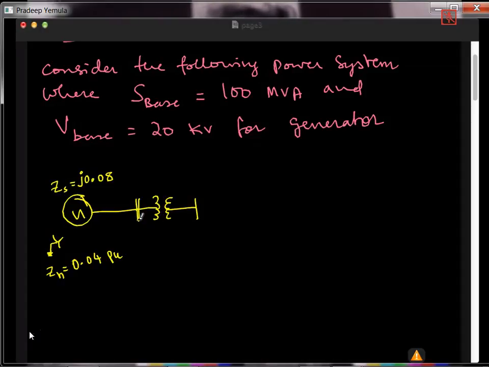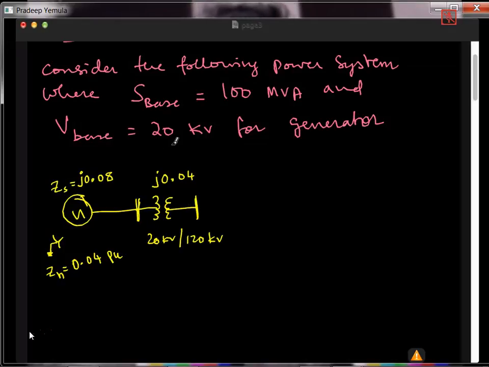So the voltage is stepped up here. The transformer rating is 20 kV by 120 kV, and the impedance is j0.04 per unit. So this is the impedance of the transformer in per unit.